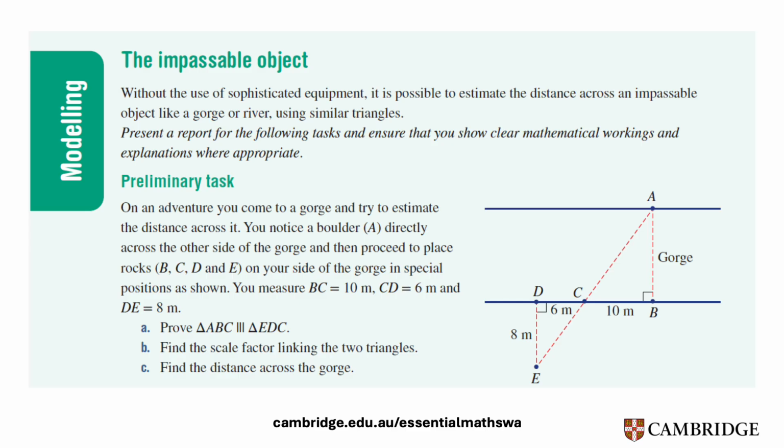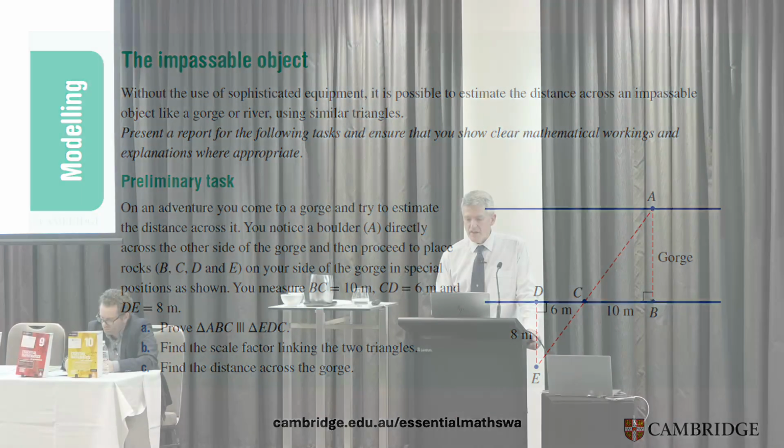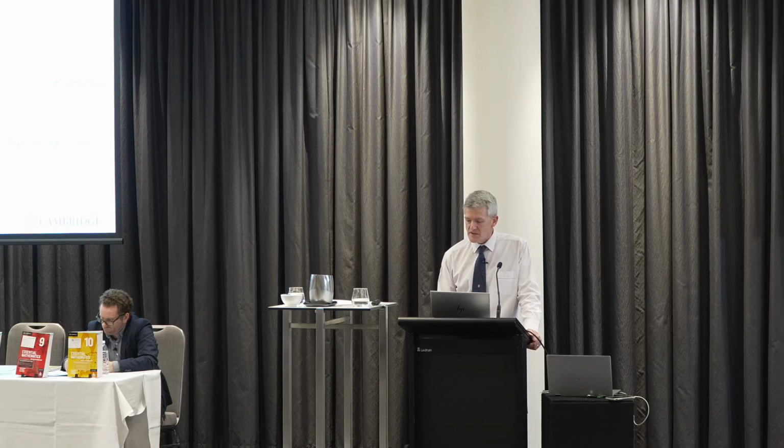So with this preliminary task, students are asked to place pebbles or find trees and measure the distances between them in such a way that they're lined up as two triangles. And I'm pretty sure everyone knows which area of mathematics this relates to. But working through that, they'll be able to build their understanding of similar triangles and think about the mathematics that they might use in a modelling context.